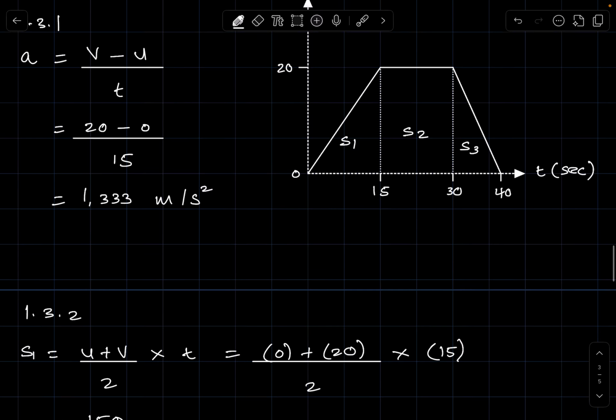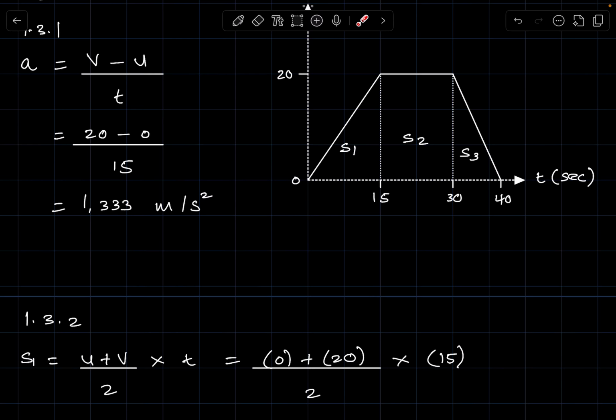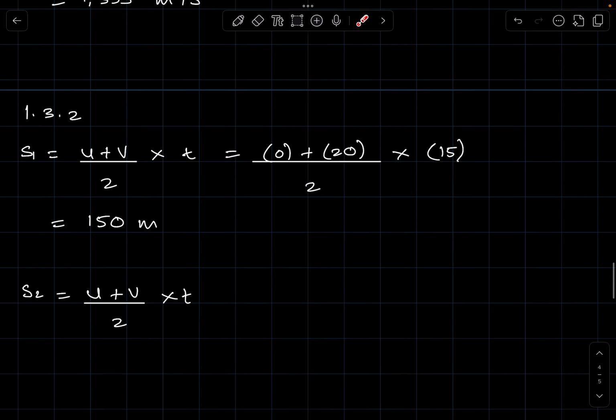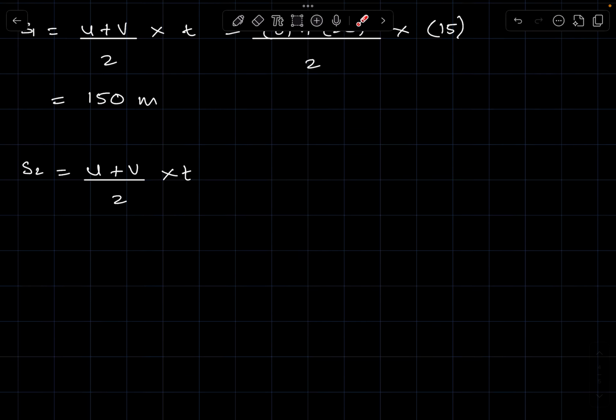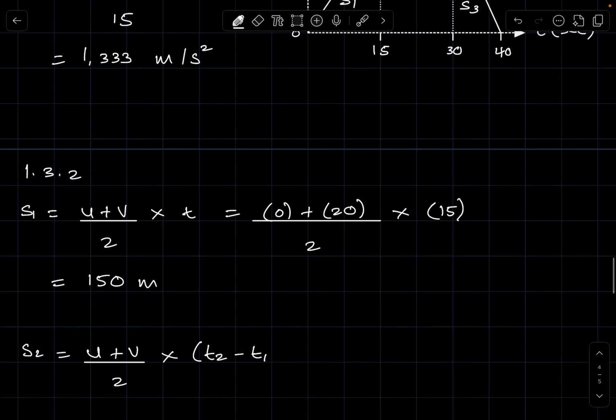Remember, the time is the time the car took to move from this point to that point. The time it took is essentially the difference between 30 and 15, so contextually it is going to be t2 minus t1.